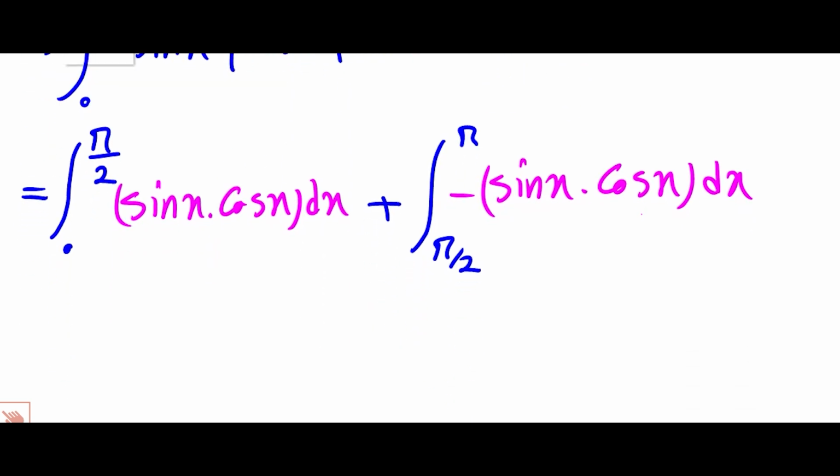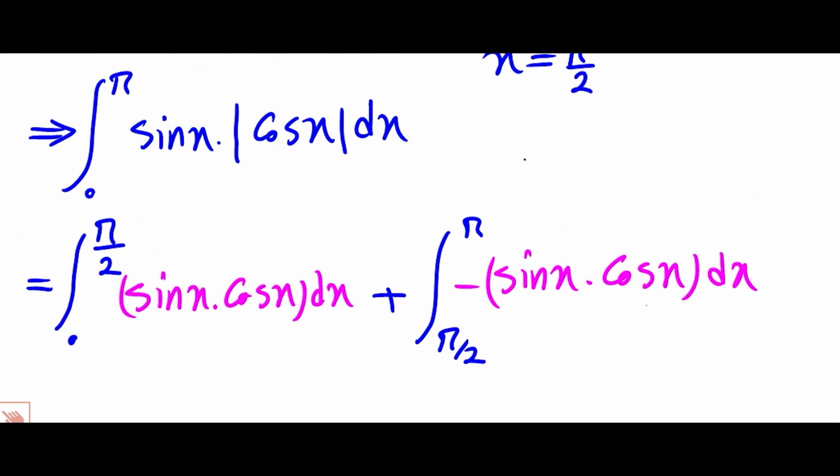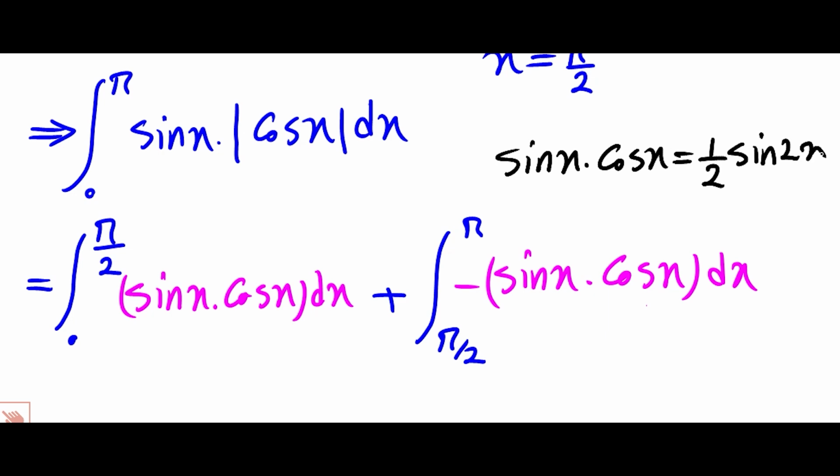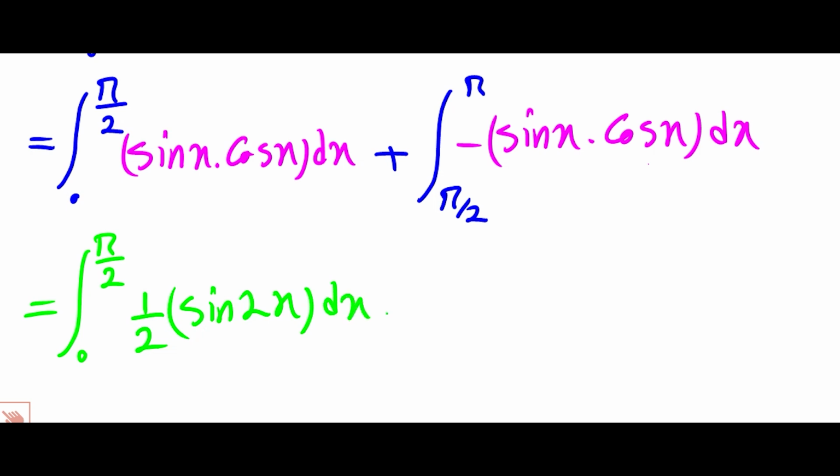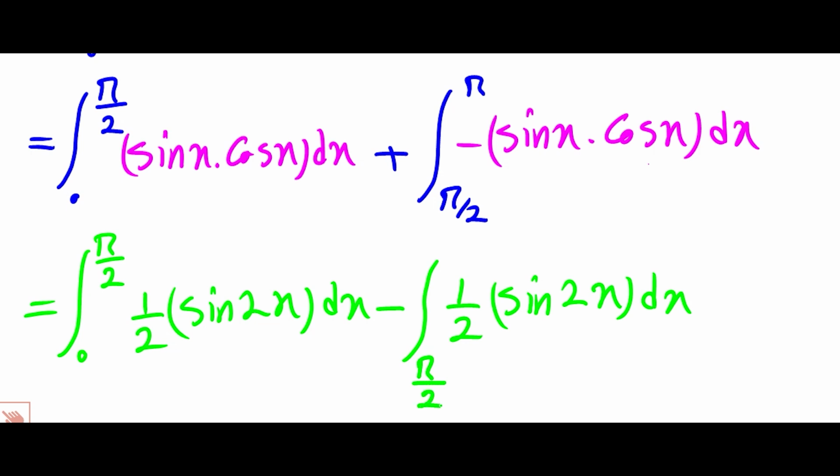So we have, as you know, sine of x times cosine of x equals 1/2 sine of 2x, right? So we have the integral of 0 to pi over 2 of 1/2 sine of 2x dx, minus the integral of 1/2 sine of 2x dx from pi over 2 to pi, right?